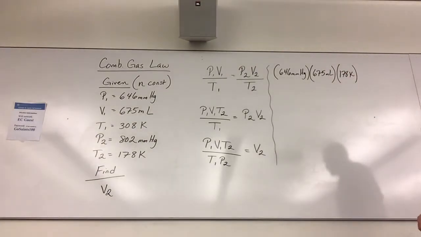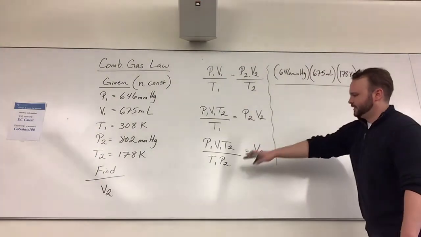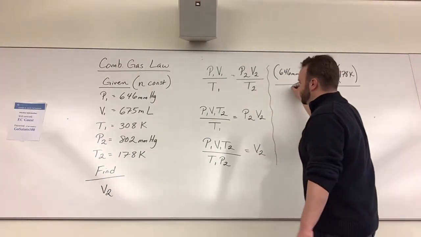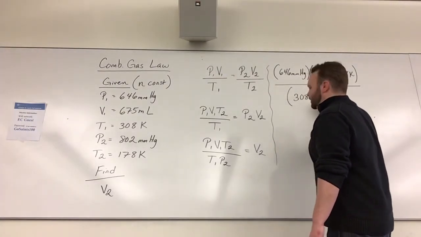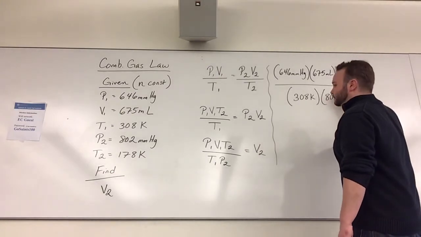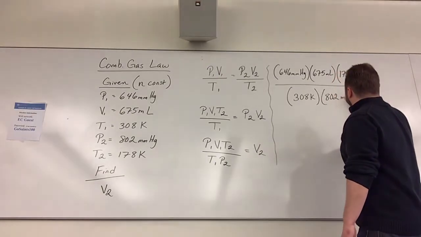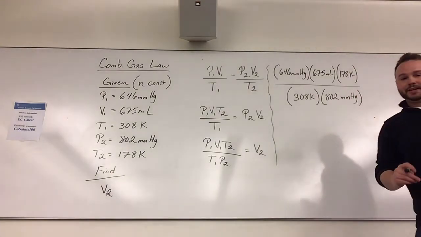Making sure that's still on the slide. Good, we're good. Divided by T1 times P2. Well, T1 is my 308 Kelvin. And then my P2 is my 802 millimeters of mercury.